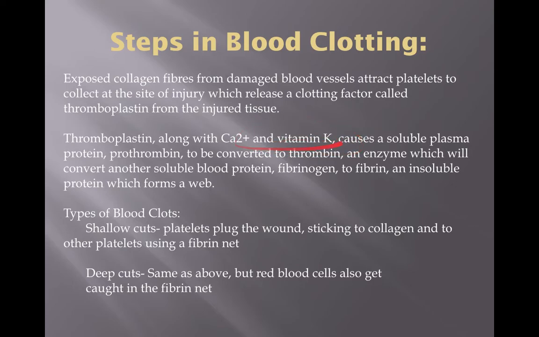Calcium and vitamin K are used by thromboplastin, and this is a little bit weird, to cause a soluble plasma protein, prothrombin, to be converted into an active enzyme, thrombin.